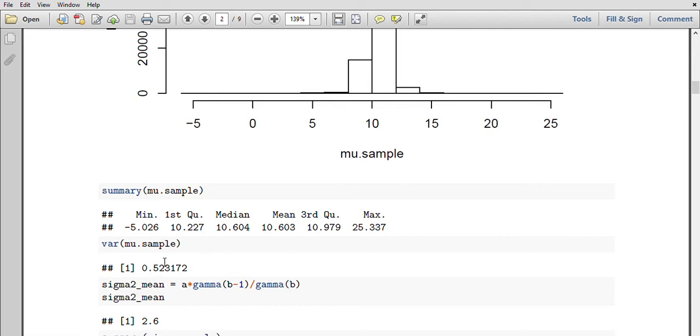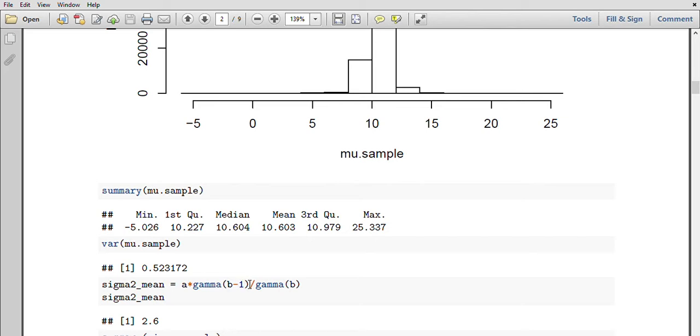In the discussion which we had in the earlier lecture, we considered only the conditional variance of mu, which is sigma square by n. We have not considered the marginal posterior distribution of mu, which we will discuss in the coming lecture. Now let us look at the properties of the sigma sample also.